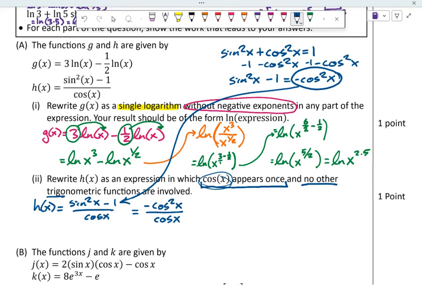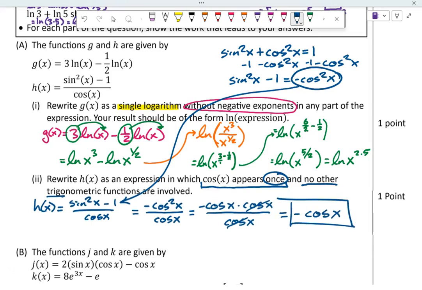I don't either. But they want cosine to appear only once. So how can we simplify that? Algebraic, right? What would I do? And what would happen? There we go. Because we have negative cosine times cosine over cosine, and what happens with one of the pair of cosines? And I'm left with just negative cosine.